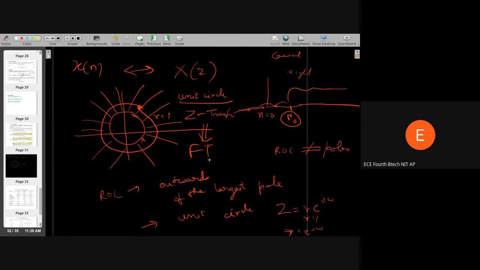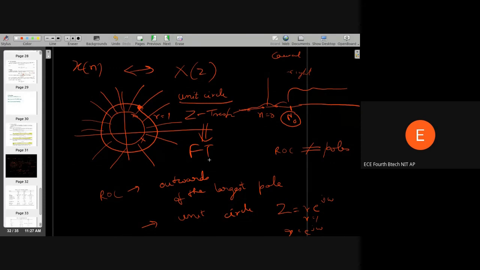If all your poles are inside the unit circle, the ROC will be outwards, and obviously the ROC will also include the unit circle, and hence the Fourier transform will also exist.